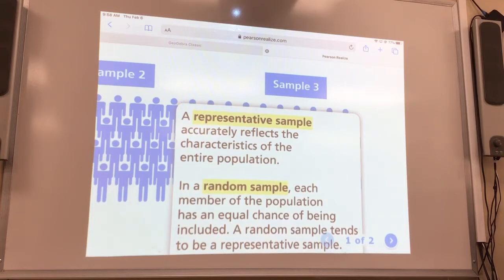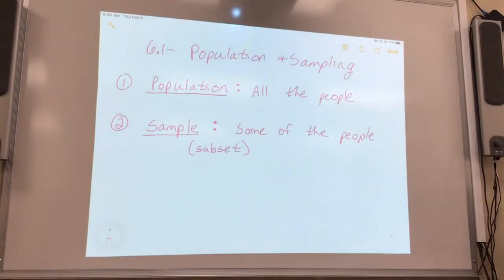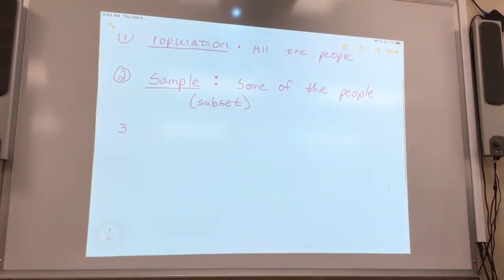Yes. Okay, so Jude earlier told us that asking a sample will give us a general idea. A representative sample is going to give us a good idea, a very accurate one. Yes. So we've got to go to the other vocabulary too, but I've got to write something on here. So a representative.